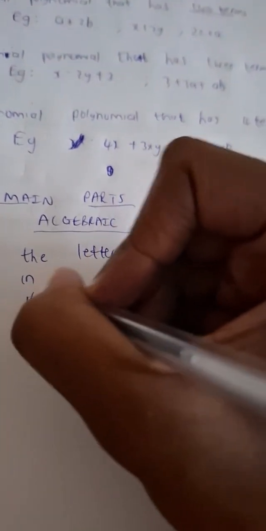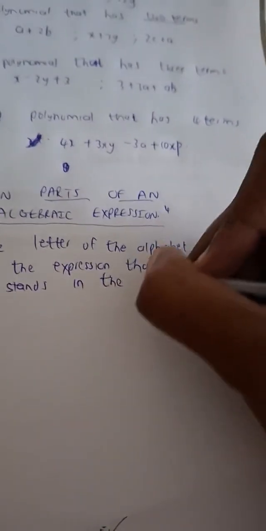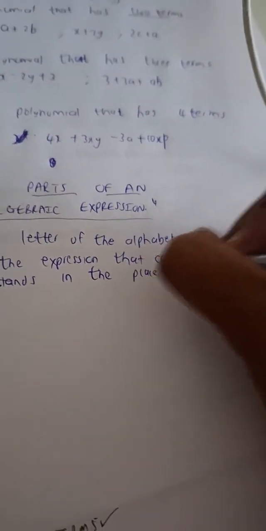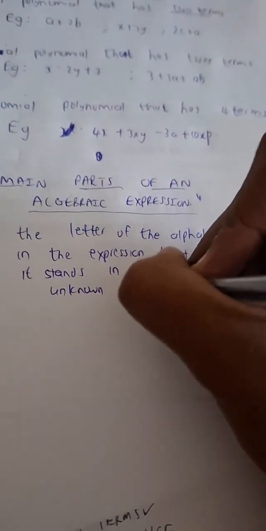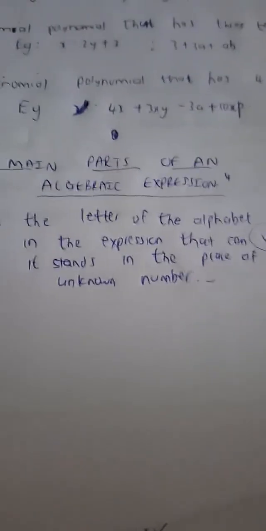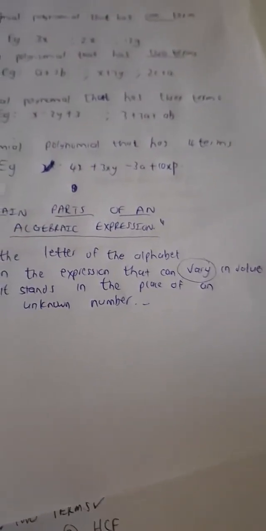It stands in the place of an unknown number. That's what a variable is. Okay, that's one of the components of an algebraic expression.